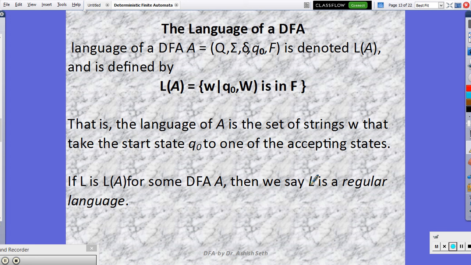When I say acceptable, it means that if we read that string using the DFA, it should start from the initial state and reach the final state.